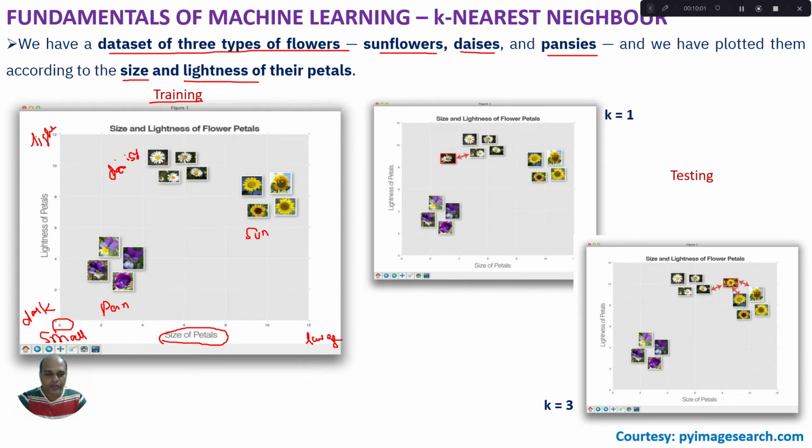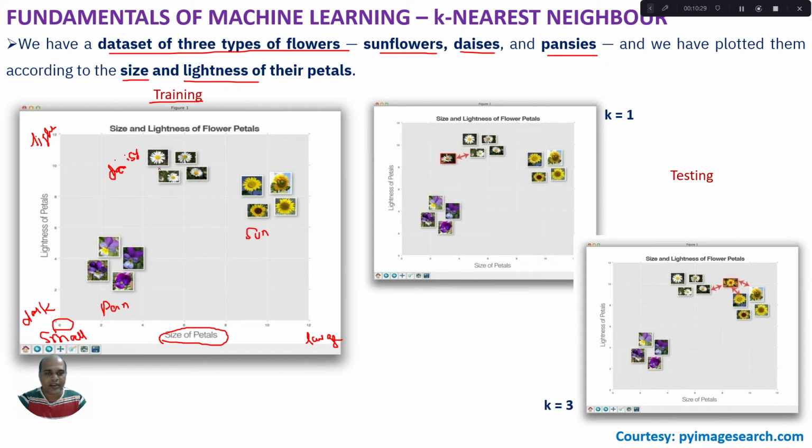When we put these three classes, sunflower, pansies and daisy, depending upon these two features, it groups like this. Pansies has a dark color and also the size of the petal is small, so it comes here. Sunflower is a little bit brighter when compared to pansies and it has large petals, so it comes in this location.